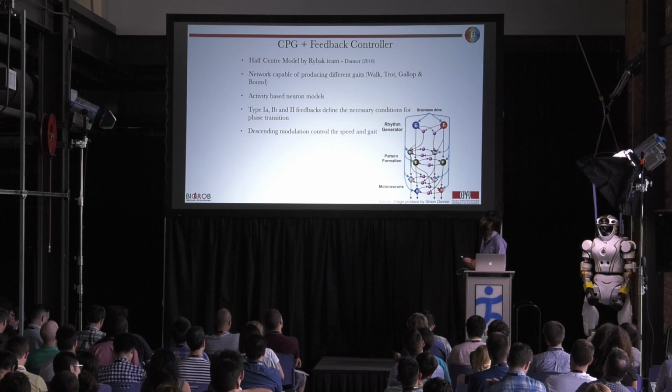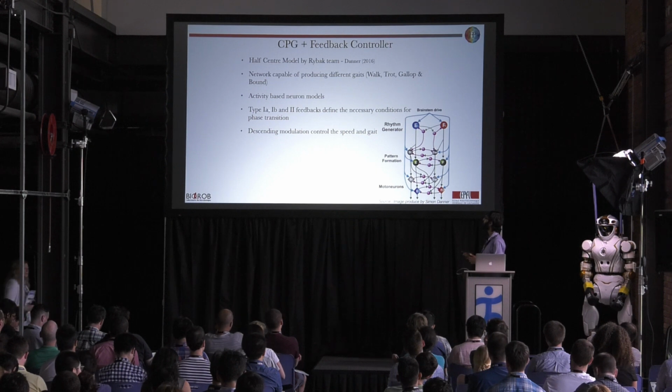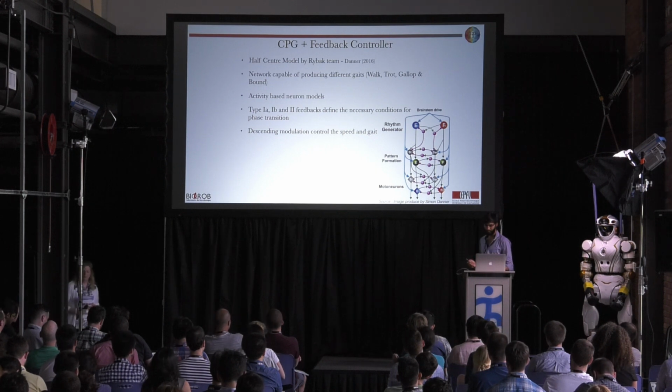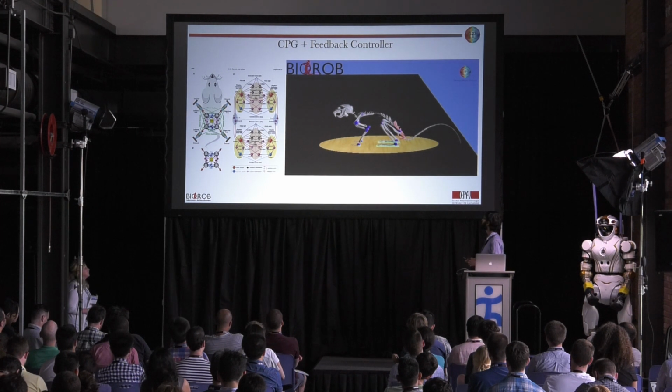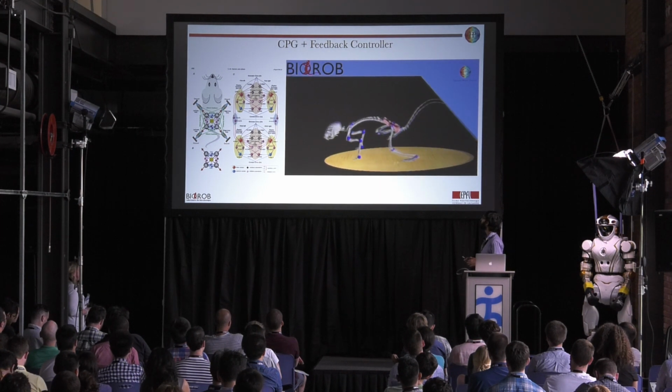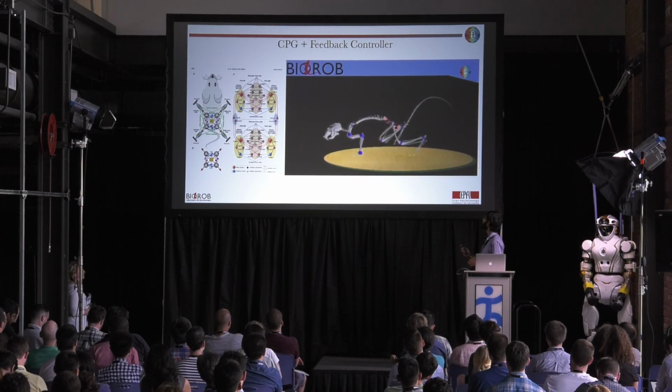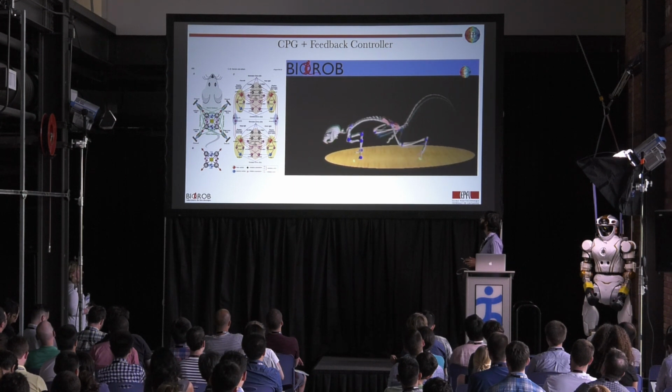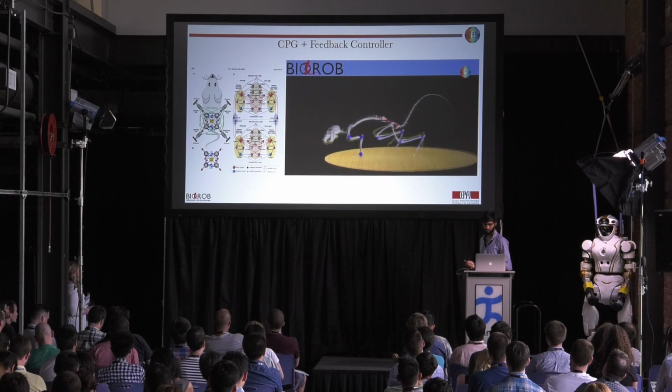The neurons are modeled as activity-based or rate-based neurons with different types of feedback: 1A, 1B, and type 2. Here, again, is a short example of the optimized network for hind limb locomotion of the mouse. I cannot go into the details of each of these, but you can talk to me later.